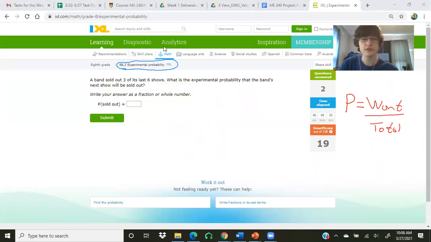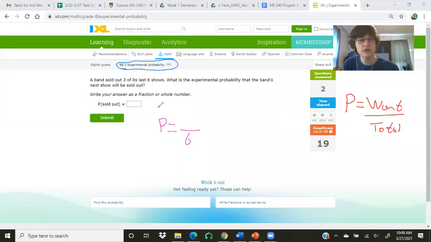So for this next question, a band sold out 3 of its last 6 shows. What is the experimental probability that the band's next show will be sold out? So let's make our probability fraction again. The probability that it's sold out is equal to, well, let's start with the total. What was the total number of shows? Well, it was 6.